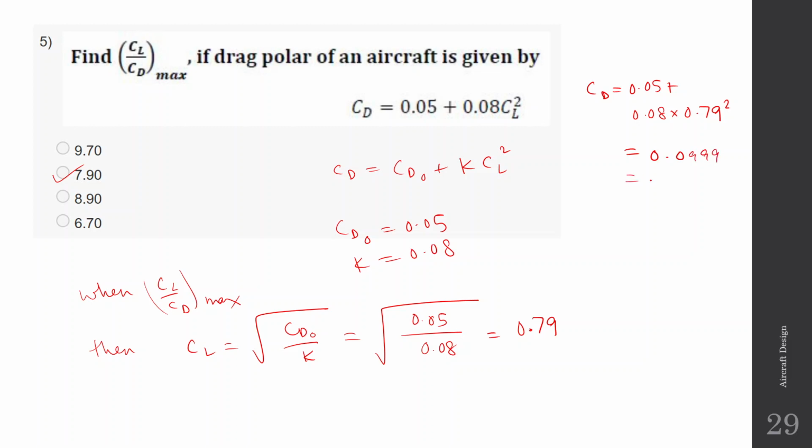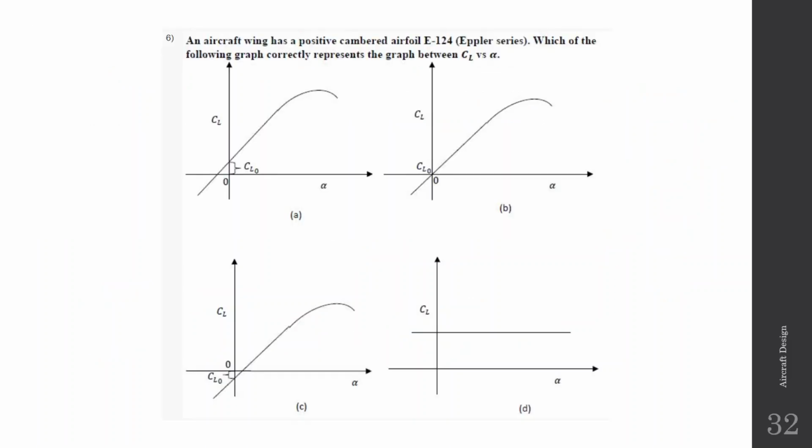So you can say that this is 0.1. So your CL by CD will be 0.79 by 0.1, which is 7.9. Okay, now the next question.